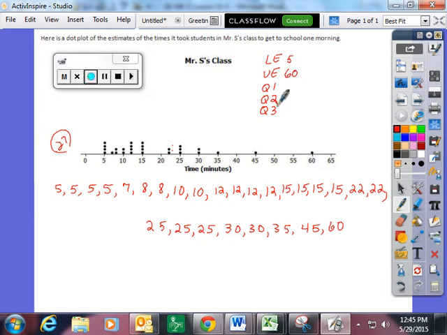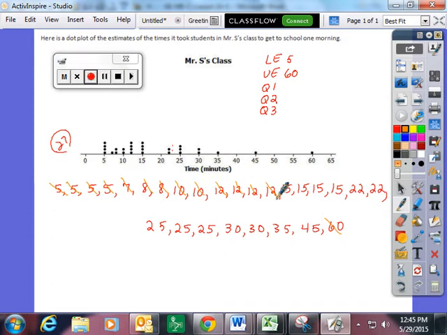In order to find Q1, 2, and 3, you have to start with Q2. This is a lot of numbers to go left and right with. So here's what I'm going to do. 27 divided by 2 is 13.5.